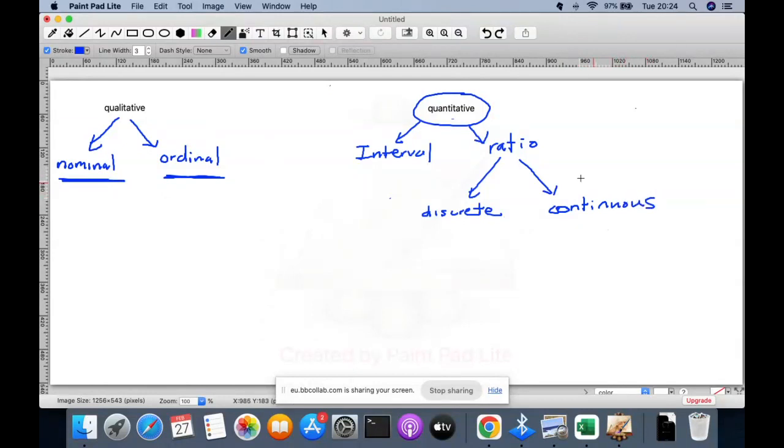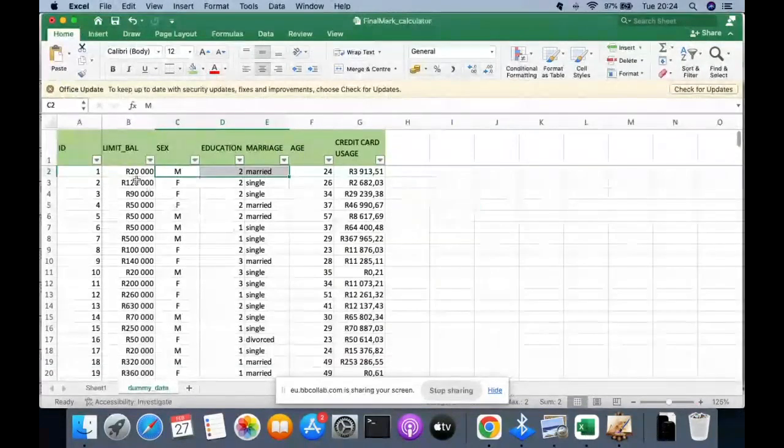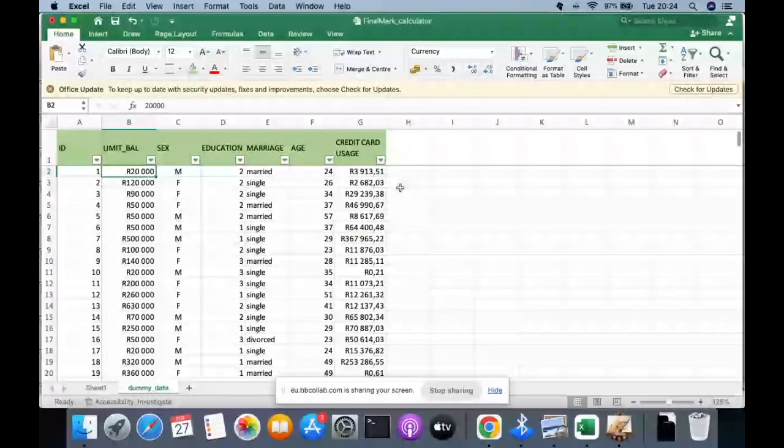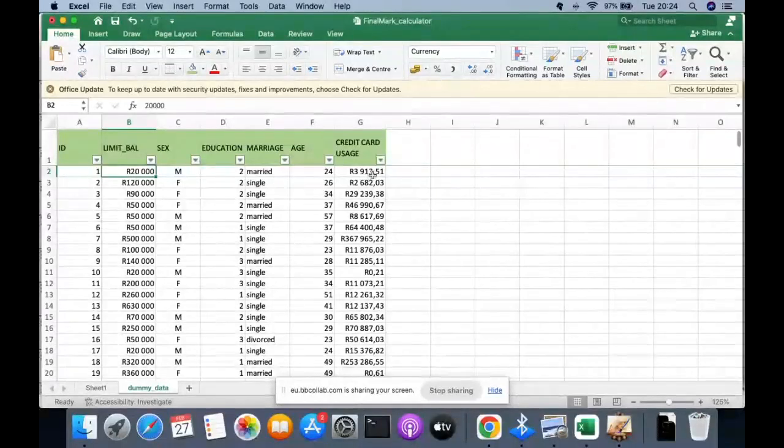All right. Now, how do you know whether a variable is quantitative or qualitative? Let's look at this example here. This is what you can use to determine if it's quantitative: if you can average that column and it makes sense. So let's look at credit card usage.